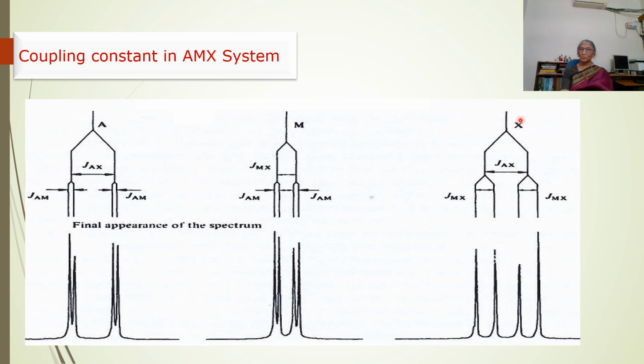Proton X also couples with proton A and gives two lines, and again it couples with proton M and splits up into four lines. So there are also two coupling constants, JAX and JMX. JAX is a J3 coupling, and JMX is also a J3 coupling, but the magnitudes of the two couplings are different. Therefore, in each signal, we get a double doublet.